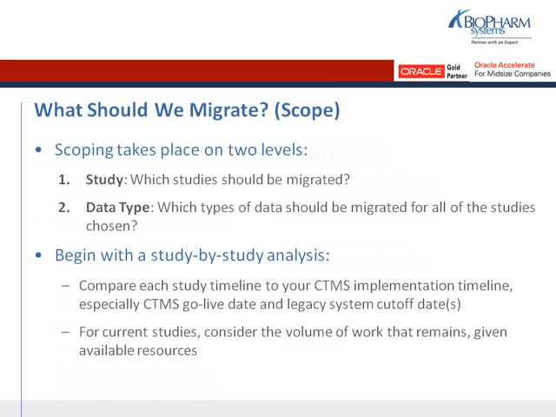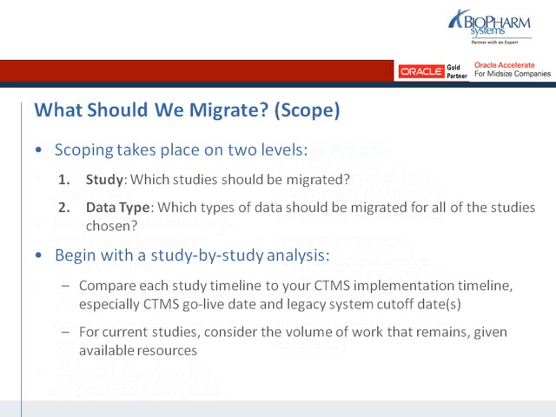So let's look at the next question, which is, what should I migrate? So the scoping should take place at two levels. One at the study level, so which studies should be migrated, or which studies are good candidates for migration, and from those studies, which data types or records should we migrate from those chosen studies.